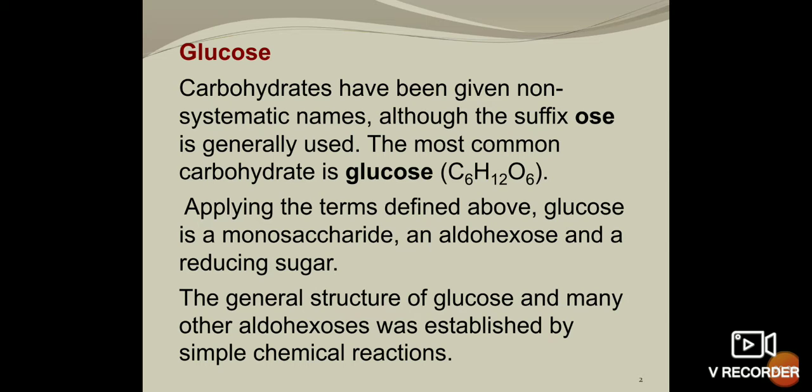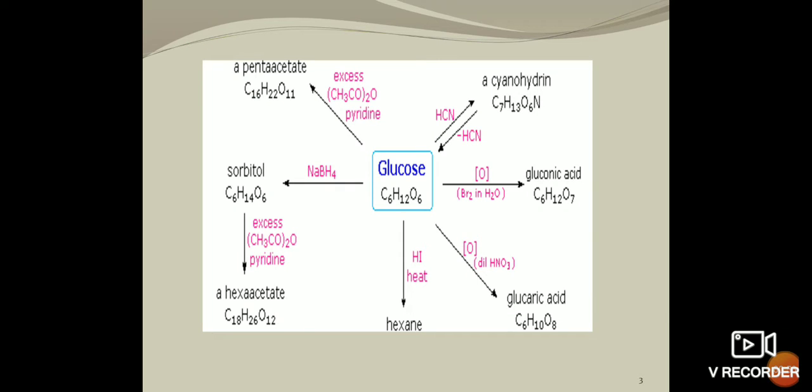The general structure of glucose and many other aldohexoses was established by simple chemical reactions, which we'll be taking in the next slide. So glucose C6H12O6, the first reaction, when the reaction is with HCN, it forms a cyanohydrin.